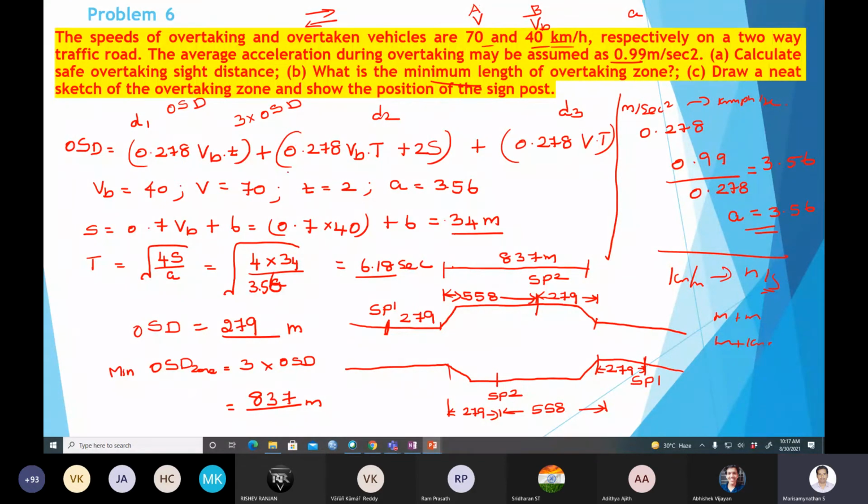The 0.278 won't come; it is directly Vb into T plus Vb into T plus 2s, then V into D. Those 0.278 values won't come while estimating. So you can directly apply it and you will get the value of the OST. So this is how we estimate the value of the overtaking zone.